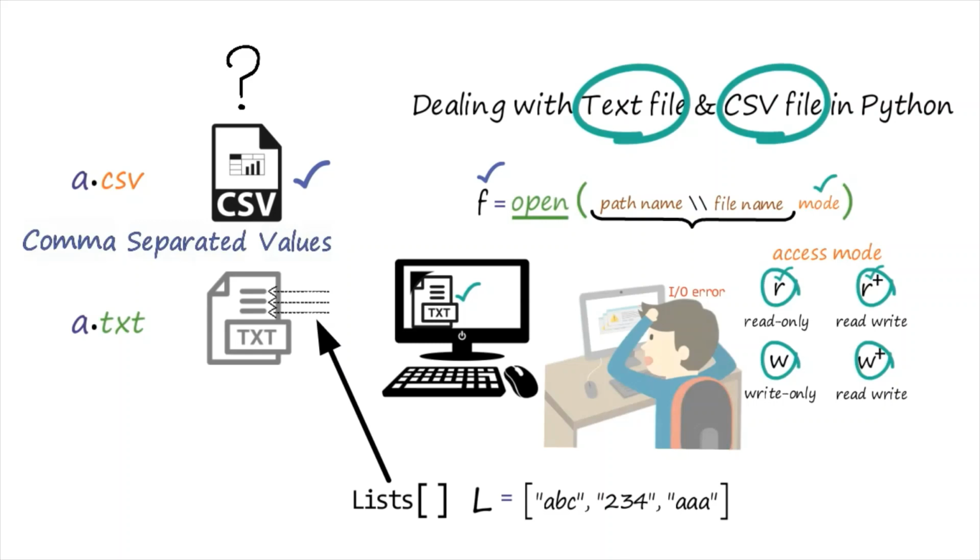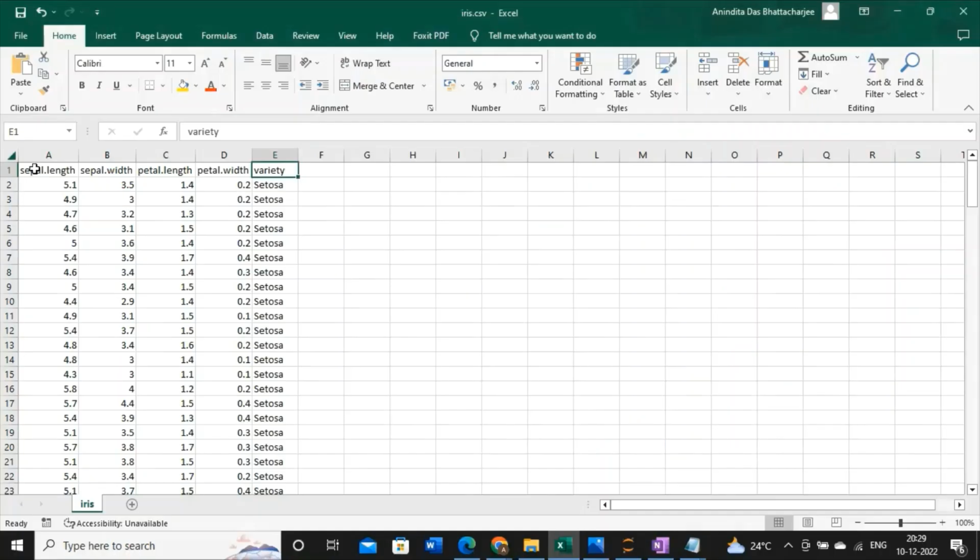Whenever we want to store any data inside a file, we prefer to use a CSV file over a text file. Now why? The first importance is that a CSV file stores data in a tabular format, and data fields are separated by a delimiter, a comma most of the time.